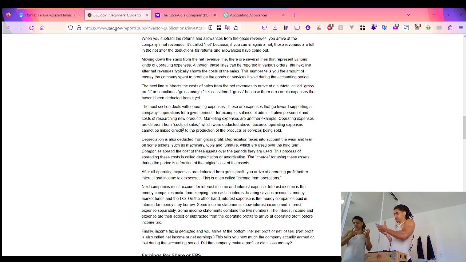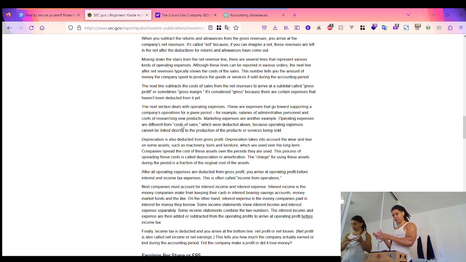And it's called net because it's all the revenue left after deducting returns and allowance. The next line is, sometimes you have different types of expense, but typically you find the cost of sale.